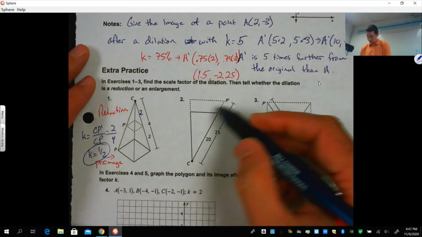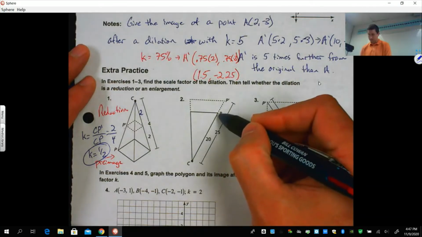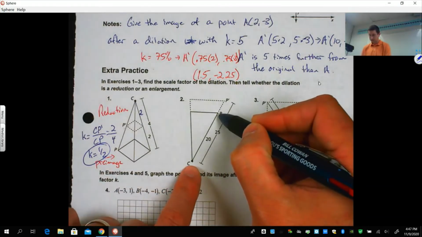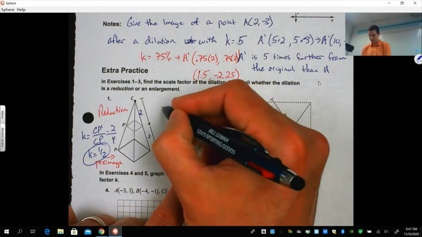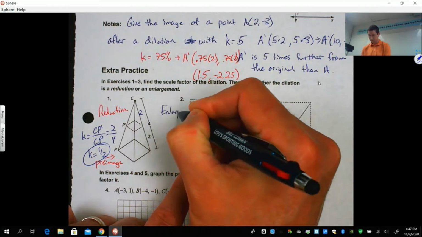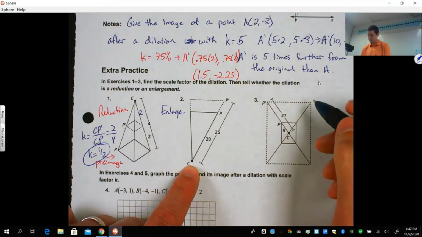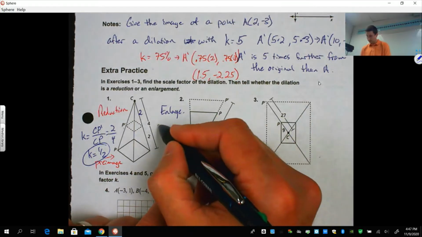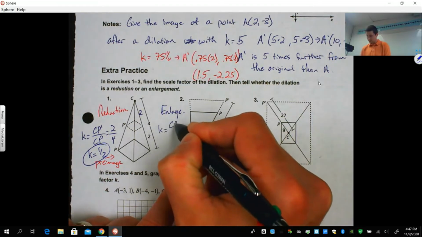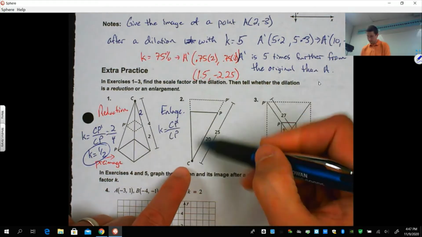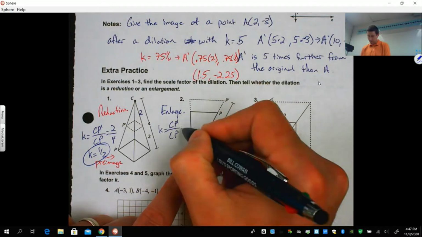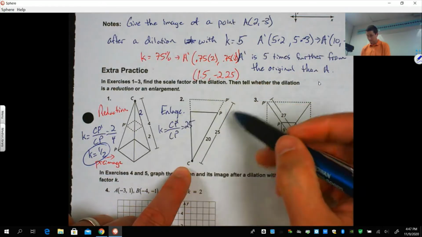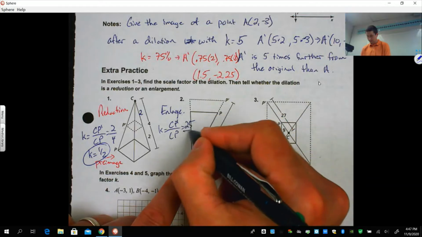Okay. Here's C. C is going to P. So here's our center of dilation, and then here's P prime. This is going to be an enlargement. So our k is going to be CP prime over CP. CP prime is 25. CP is 20.